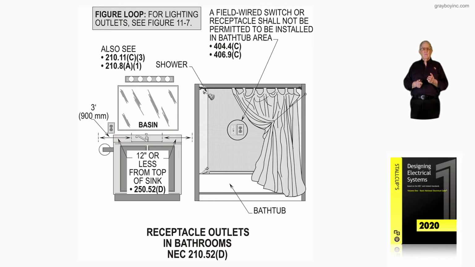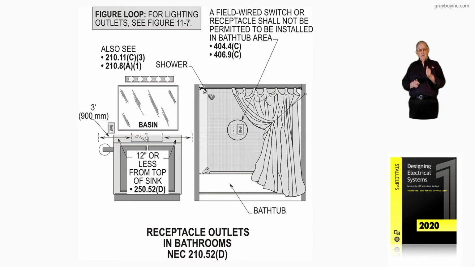So we get that 12 inches or less from the top of the sink in accordance with 210.52(D), but we have to have that receptacle located within 3 foot of that sink on the wall if possible, but if not, then we could locate it somewhere in the cabinet area in the bathroom.